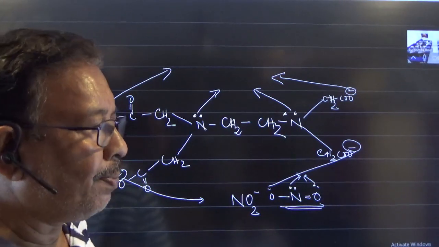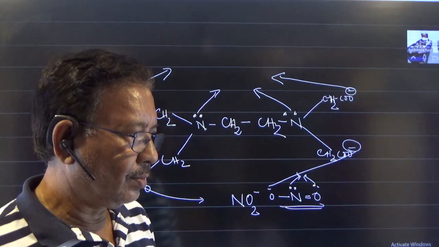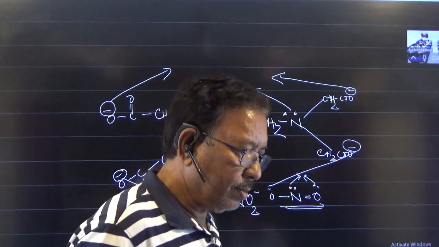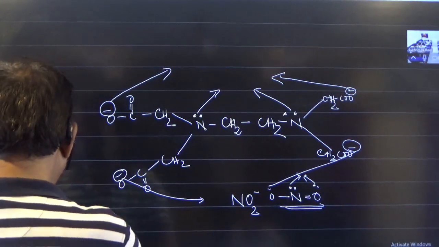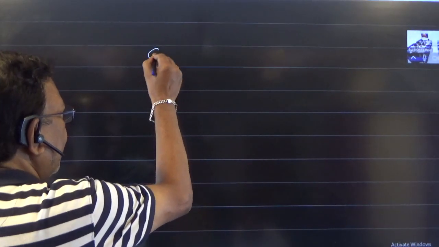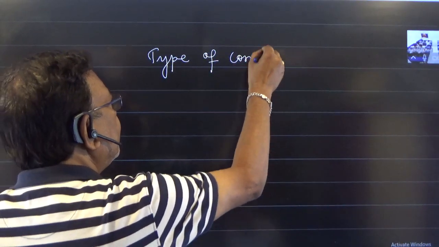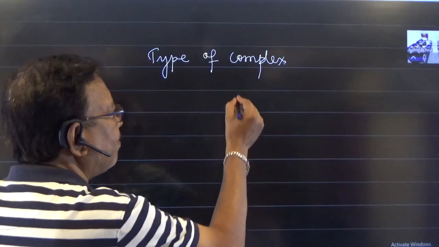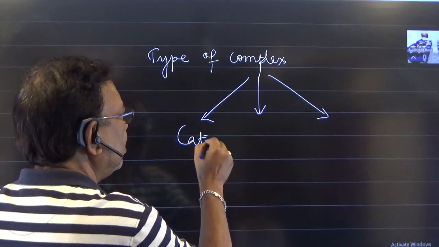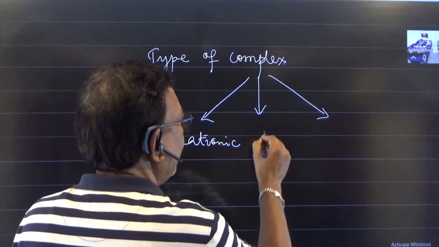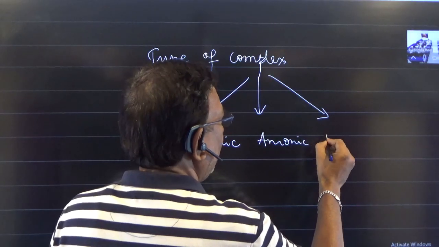Now come to type of complex. Complexes are of three types: cationic, anionic, or neutral.